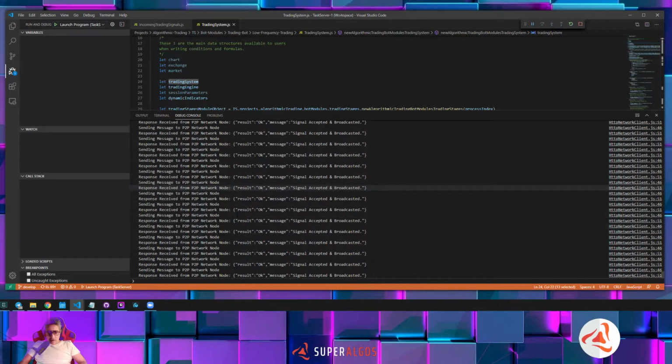At some point we will not need this logging anymore. But this looks like it's running now.